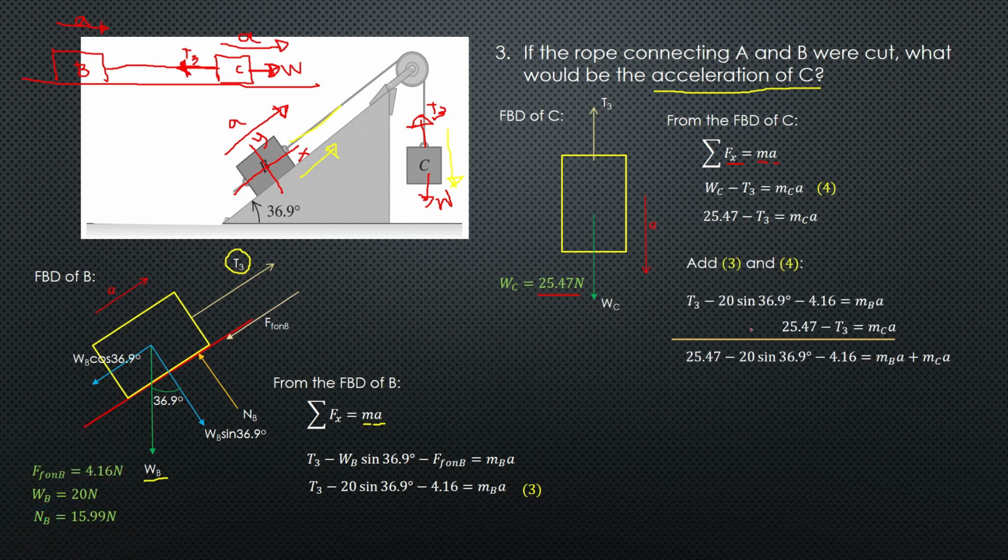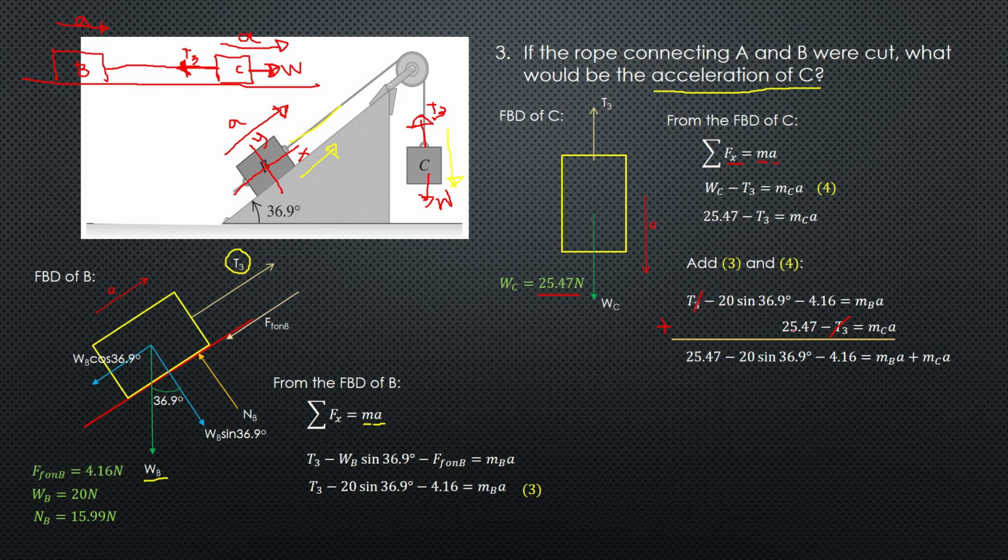So, continuation: we have to add equation 3 and equation 4. Adding equation 3 and equation 4, equation 3 and equation 4, 25.47 minus T3. Since we add these two, T3 minus T3 will be eliminated.